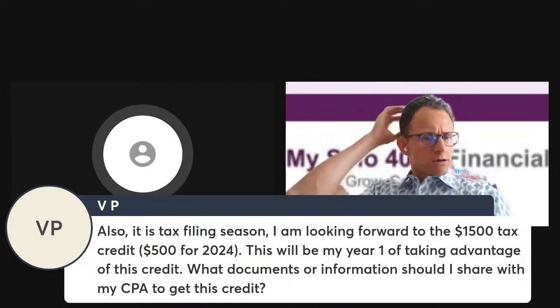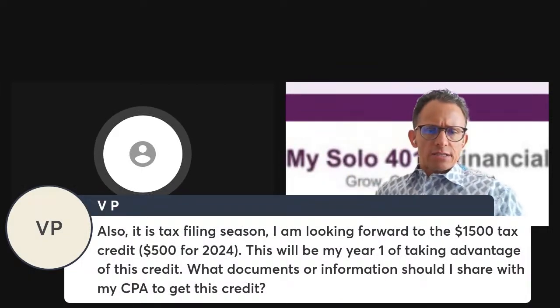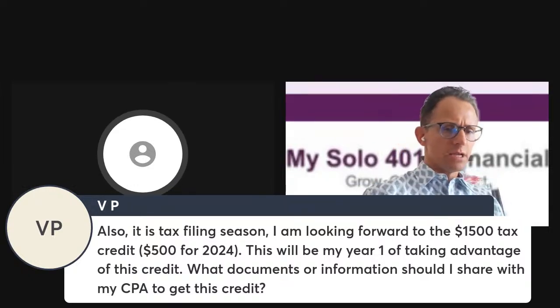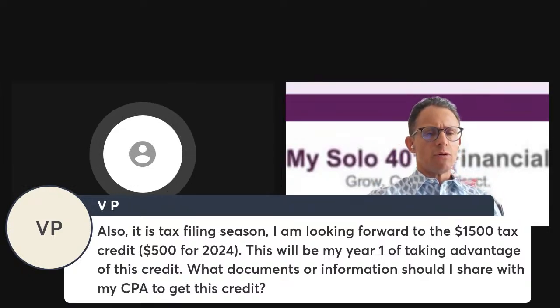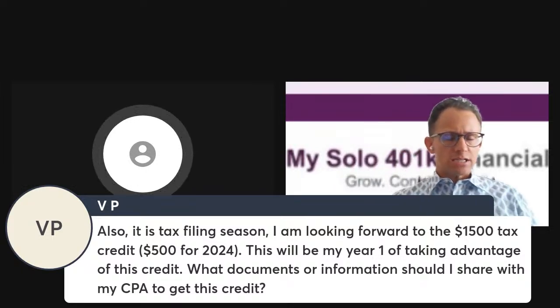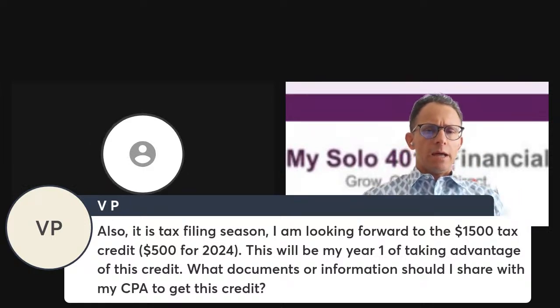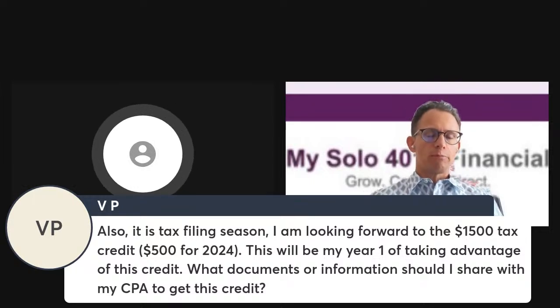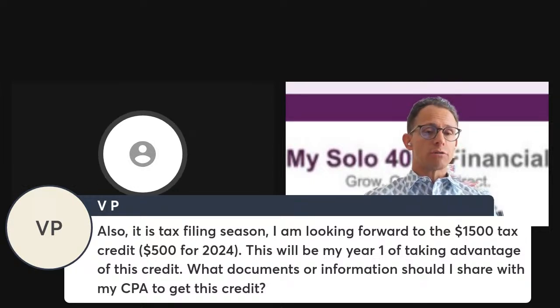Another question here. It's tax filing season. I'm looking forward to the $1,500 auto contribution credit, $500 for 2024. This will be my first year taking advantage of this credit. What documents or information should I share with my CPA? Go ahead and submit a support ticket so we can confirm that in fact your plan includes the auto contribution credit.